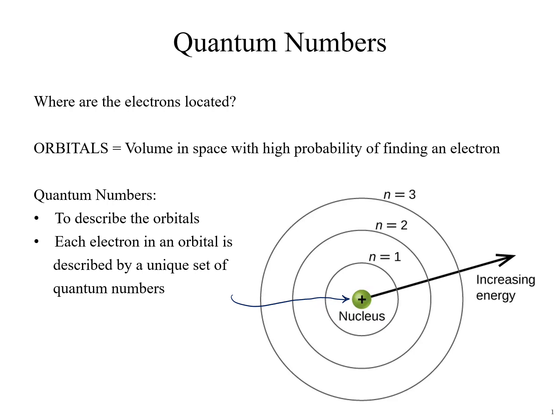Quantum numbers are just a solution of a mathematical equation, and we use the quantum numbers to actually describe the location of an electron. So we have four different types of quantum numbers, which we're going to see specifically what each one of them is representing.